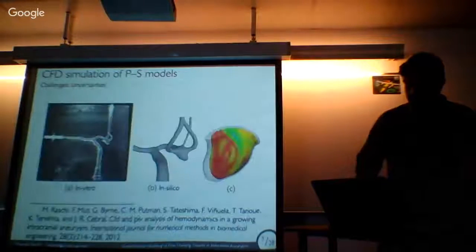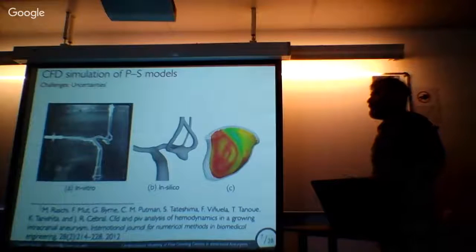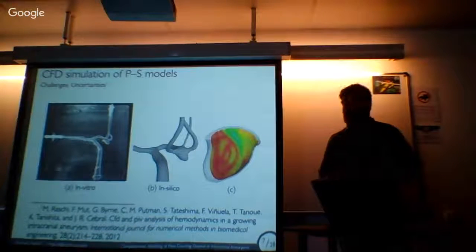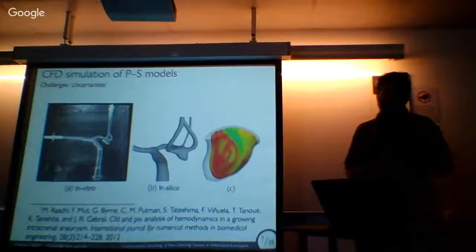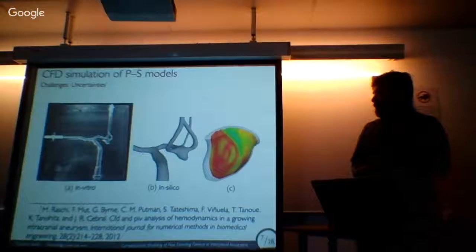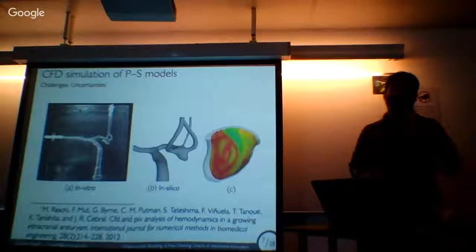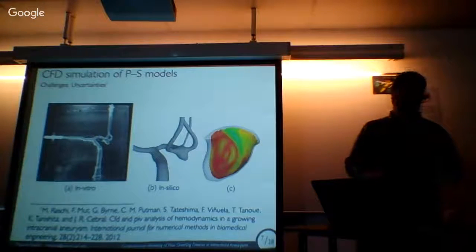One of the first challenges is to determine what the uncertainties of the simulations are. It's very difficult to know what is really going on inside the aneurysm of the patient.